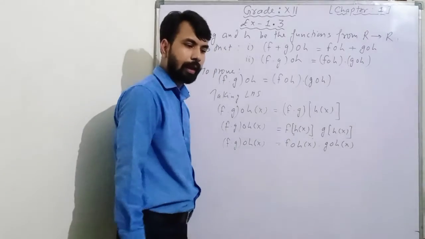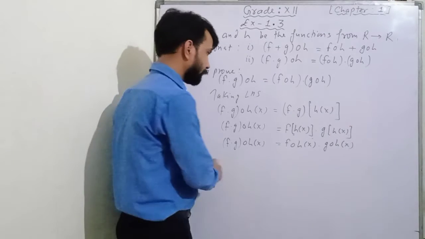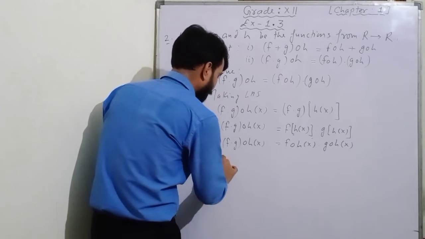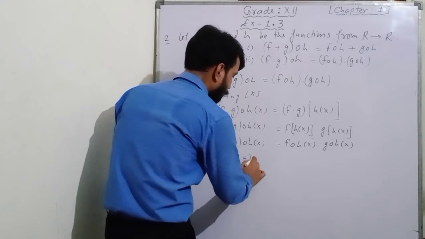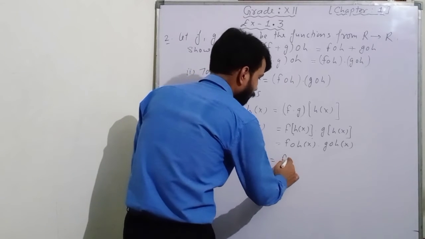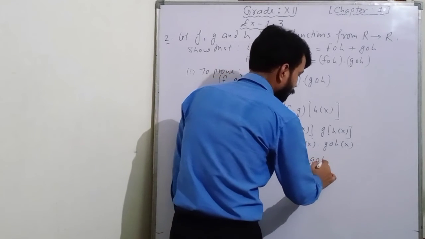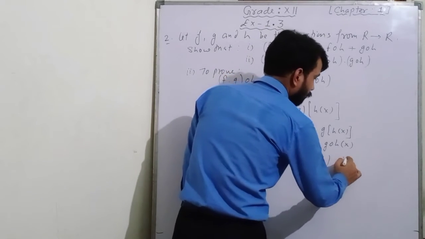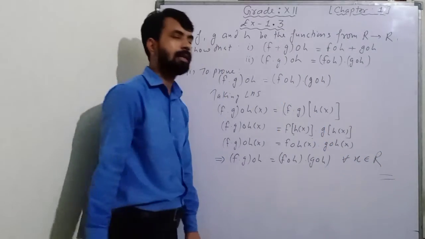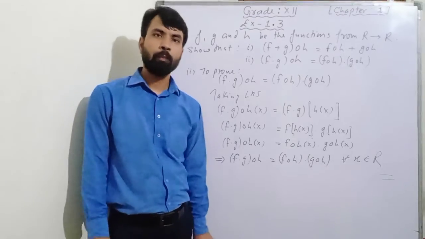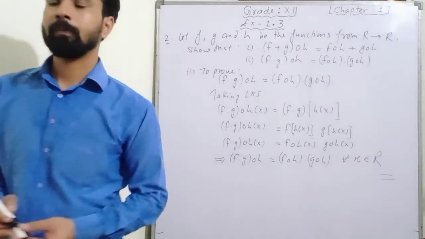Clear? Any confusion? Now x can be cancelled. Implies that (f dot g) o h equals to (f o h) into (g o h) for all x belongs to R. Hence it is proved. Hope it is clear. Good. So pause the video and note it down.